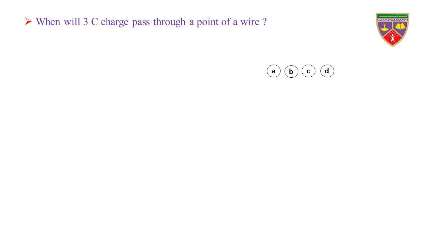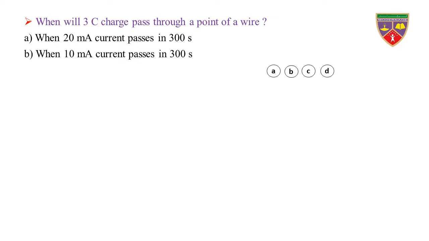When will 3 Coulomb charge pass through a point of a wire? Option A, when 20 milliampere current passes in 300 seconds. Option B, when 10 milliampere current passes in 300 seconds. Option C, when 20 milliampere current passes in 300 milliseconds.